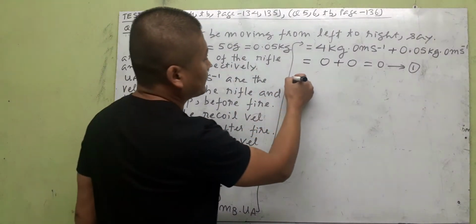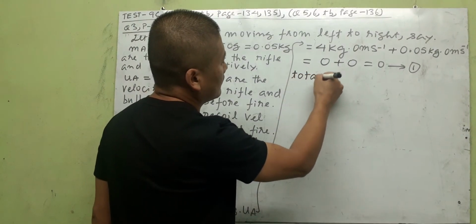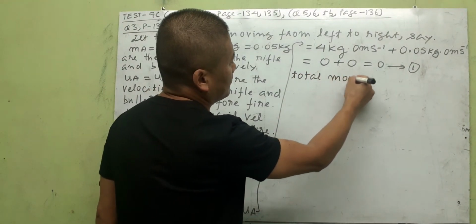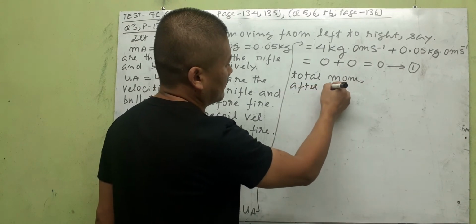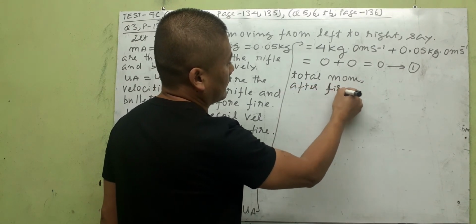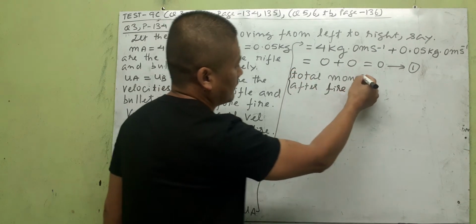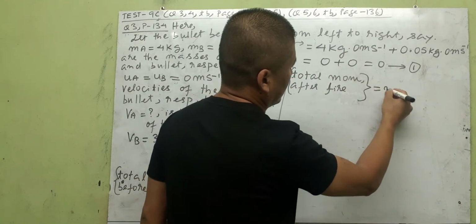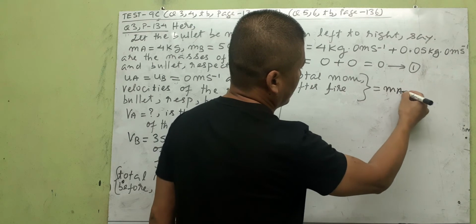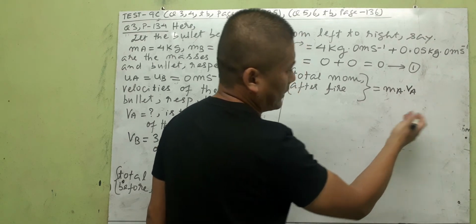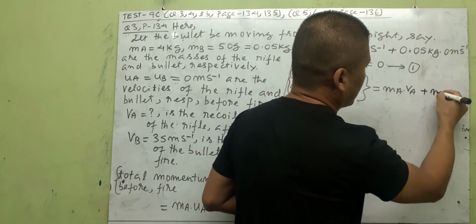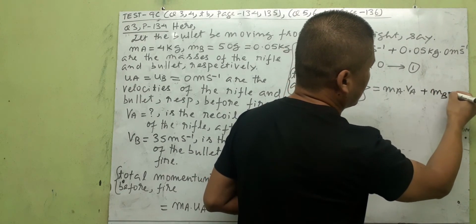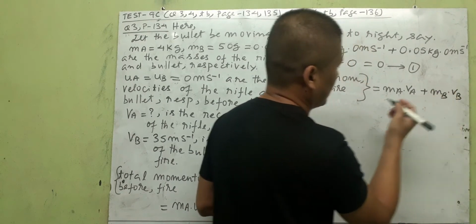Now similarly, the total momentum after firing the rifle will be MA into V. After firing is always V, before is U, right? Plus momentum formula is mass into velocity VB.